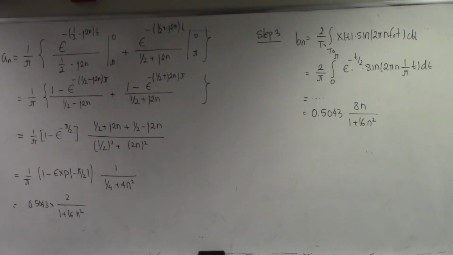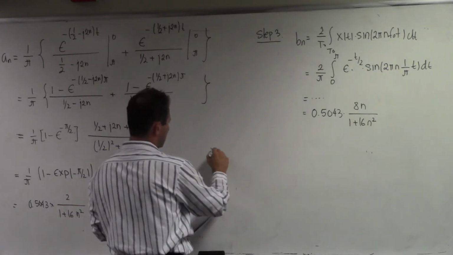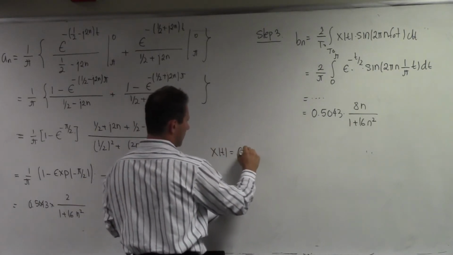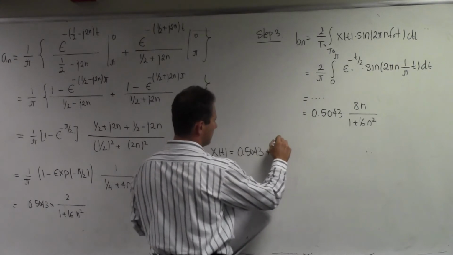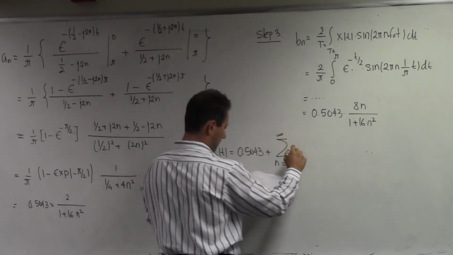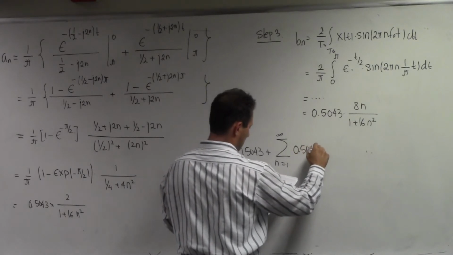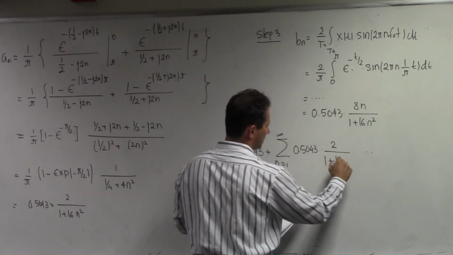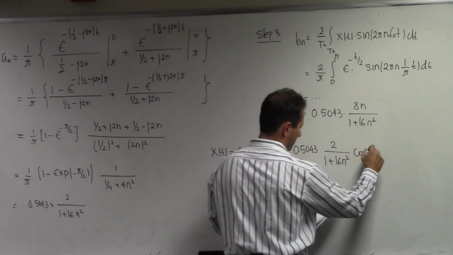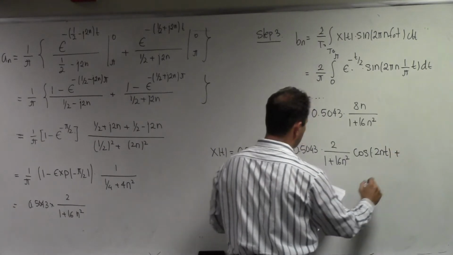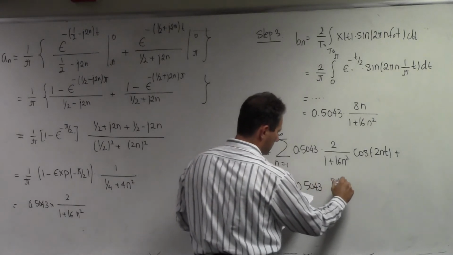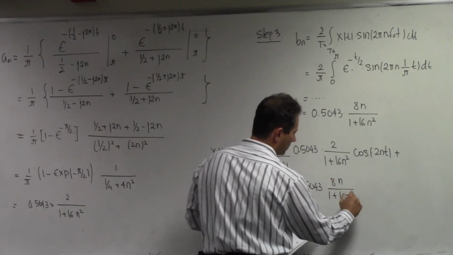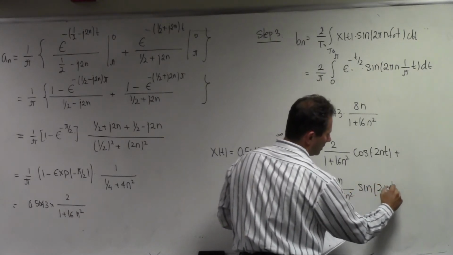So these are your coefficients. Now, once you calculate all of them, then you can put the whole thing together and say x of t is equal to 0.5043 as your DC component, or A0, plus sum, when n goes from 1 to infinity, 0.5043 times 2 over 1 plus 16n squared, cosine of 2nt, and then plus 0.5043 times 8n over 1 plus 16n squared, sine 2nt.